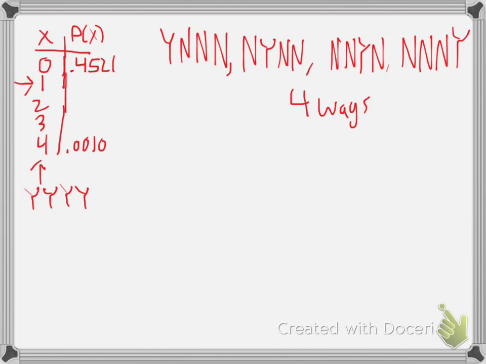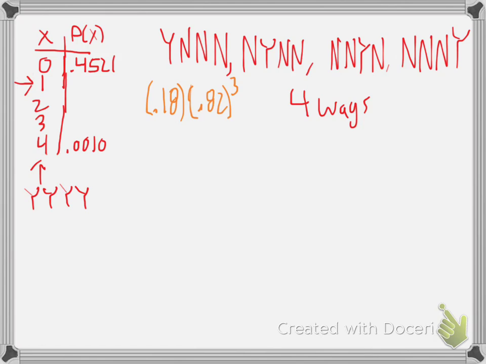Alright? But what's interesting is that if we look at the probability of each of these ways that it happened, they're all the same. Because really there's 1 yes, which has an 18% chance of happening, and 3 no's. So 0.82 to the 3rd. No matter what, in any of these arrangements, you're multiplying 0.82 3 times, and you're multiplying 0.18 1 time.